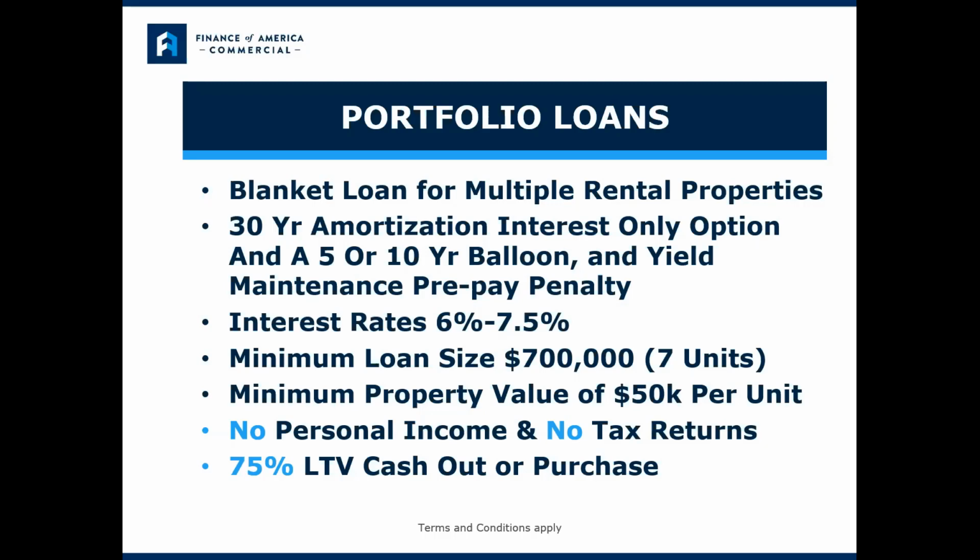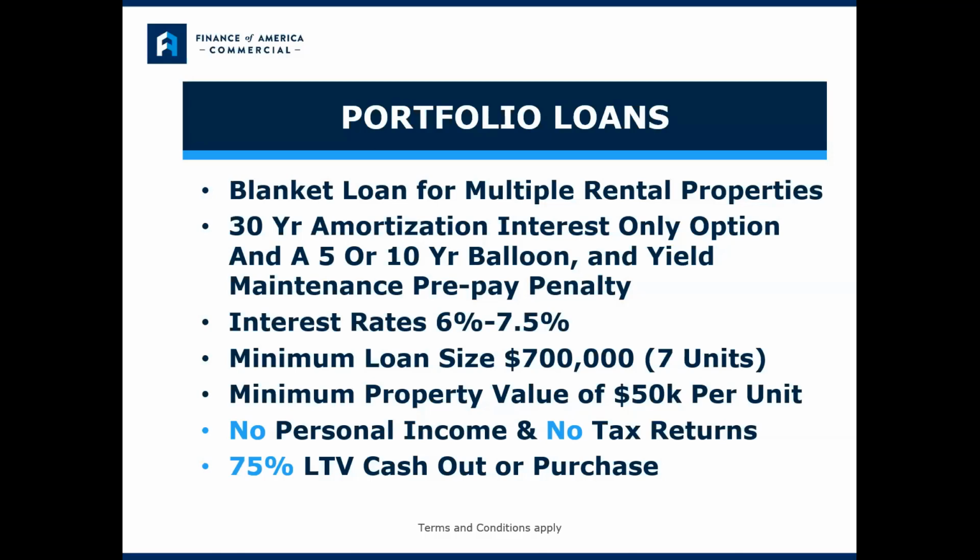Some of the highlights are that we do 75% LTV. Again, there's no personal income or tax returns, and the minimum property that you have as a part of the portfolio is $50,000. But here's the other caveat to the portfolio product: not only do we use it to consolidate multiple rental properties, but we also use it to take down our multifamily. So if you have any units that are 5 to 20 units, this is the platform that we use.